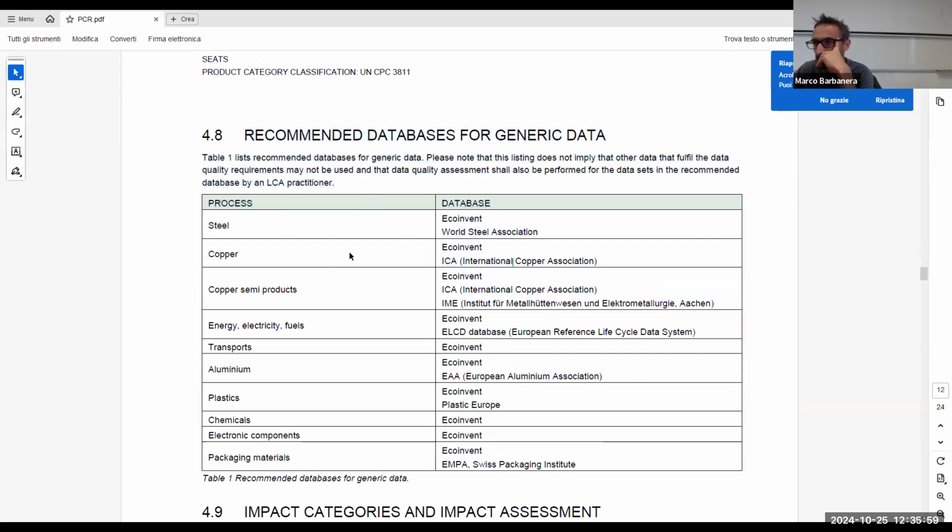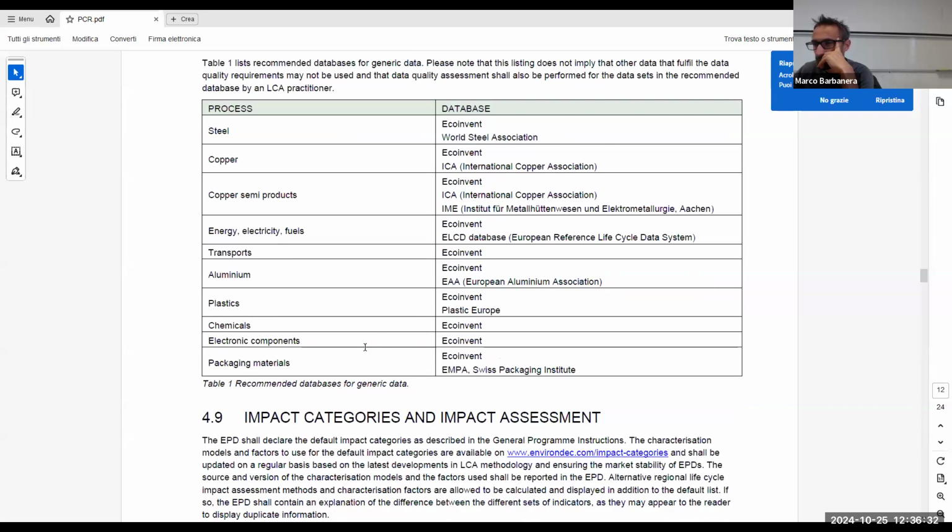In this case, for example, EcoInvent is recommended for all processes of the life cycle, but for each material you have the possibility to use other kinds of database, but EcoInvent is the most important one, so it could be used for modeling all processes.